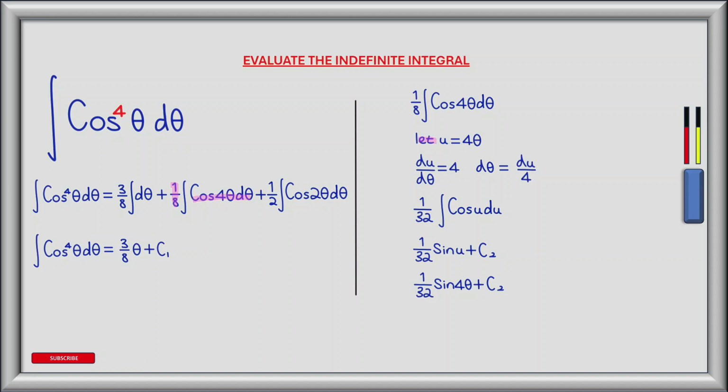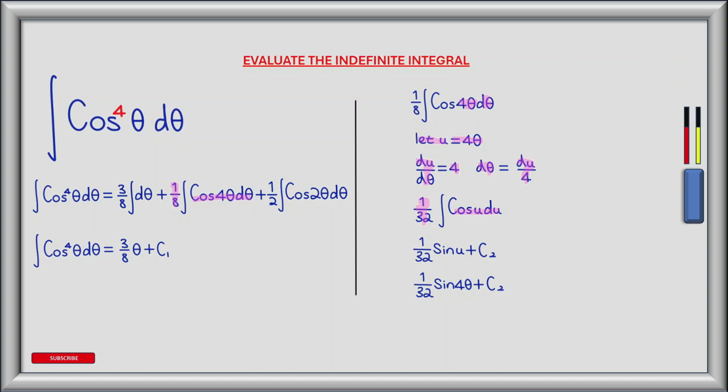So first, let u equal 4θ. du by dθ is 4, and it follows that dθ is 1/4 du. So if we now make this substitution for 4θ and dθ in our original integral, we have 1/32 multiplied by the integral of cos u du.